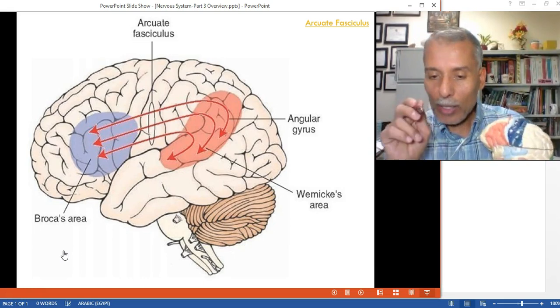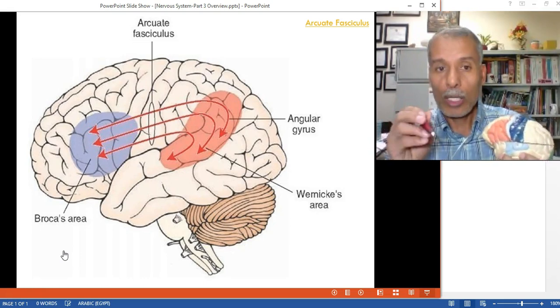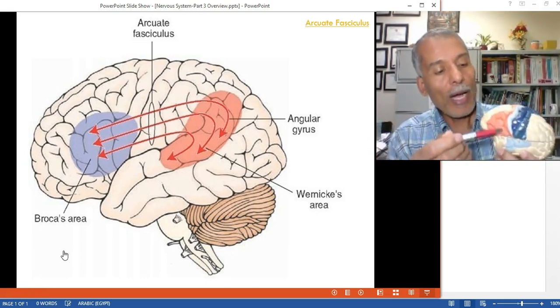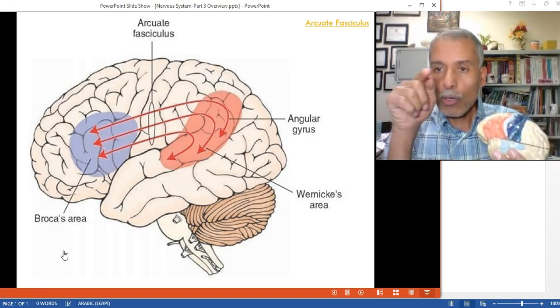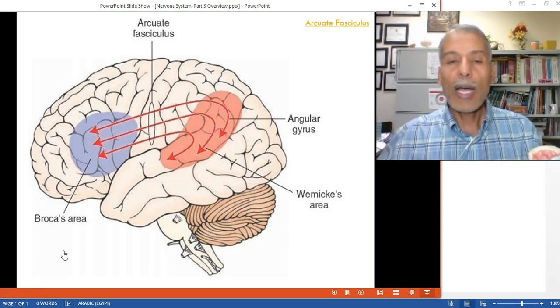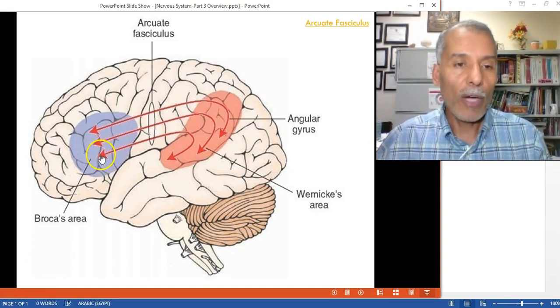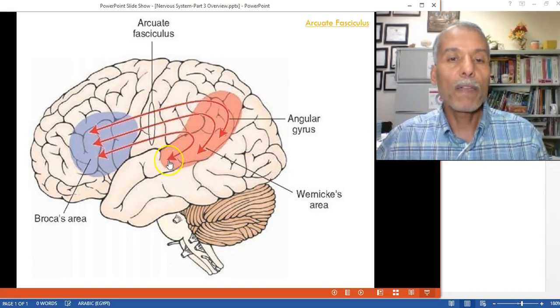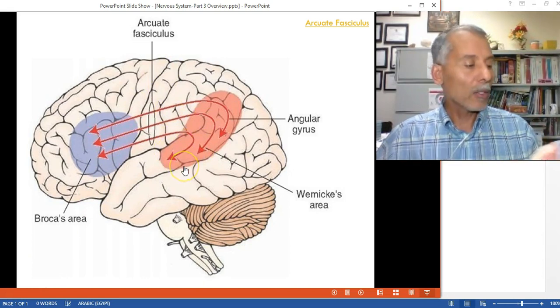You need to identify something with words, and also to identify it on a map, so you can circle around it perfectly and say, this is the area that you are asking about. So be able to identify Broca's area, the sulci, the fissures, and so on.